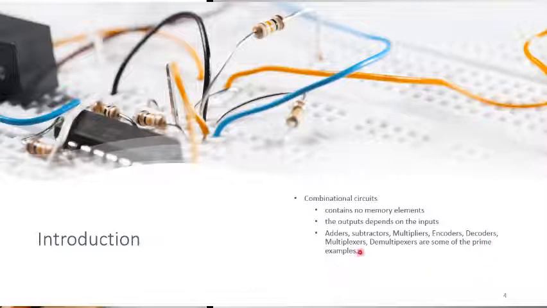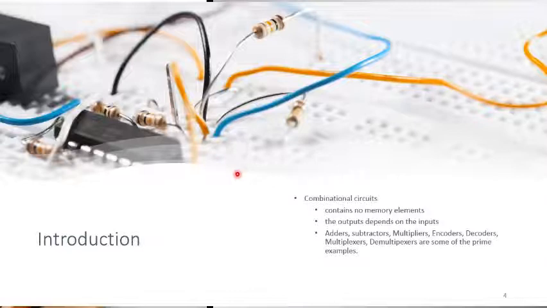These were the prime examples of combinational circuits, in which we apply the input at any time instant and observe the output with respect to the input. So output is a function of inputs and inputs only, and we don't have any prior history, memory element or feedback element involved in combinational circuits.